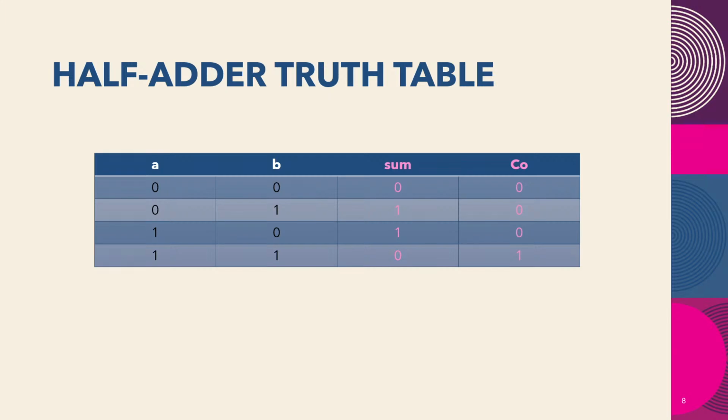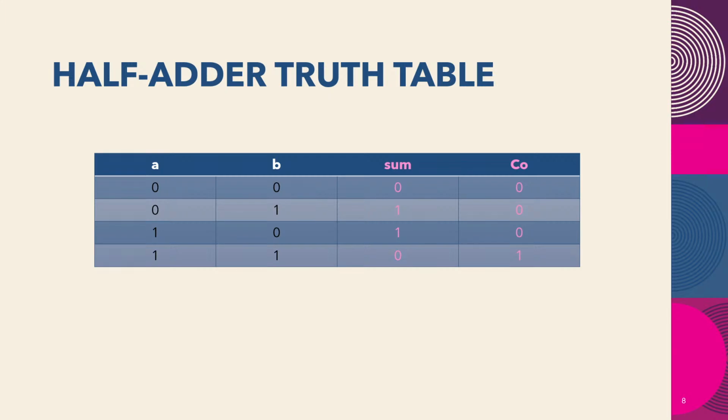The half adder has these 2 inputs, A and B, where A can be 0 or 1, B can be 0 or 1, and all 4 combinations of A and B together will produce a sum of 0, 1, 1, or 0, and a carryout of 0, 0, 0, and 1.